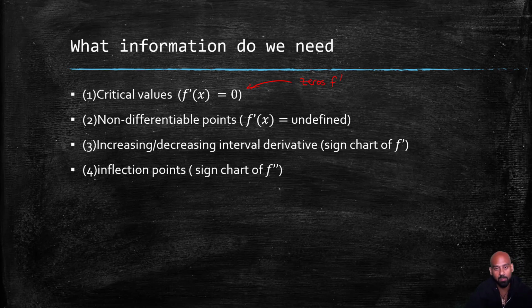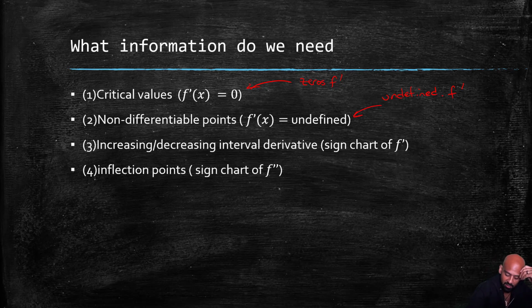If we think about a sign chart, the zeros are the x-intercepts, and the non-differentiable points are the bad numbers or the undefined numbers. But for which function? That's for the first derivative. Yet again, emphasizing the first derivative, okay?